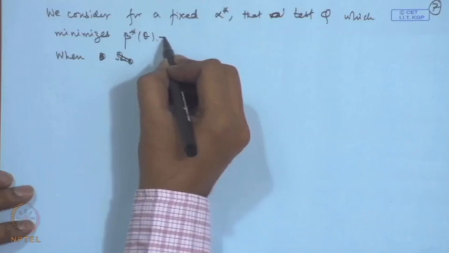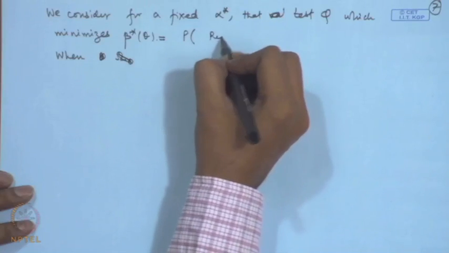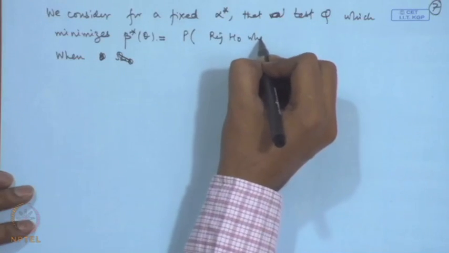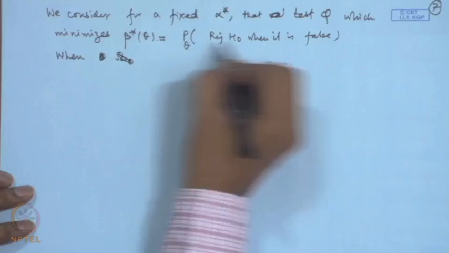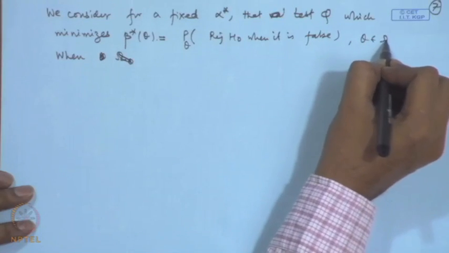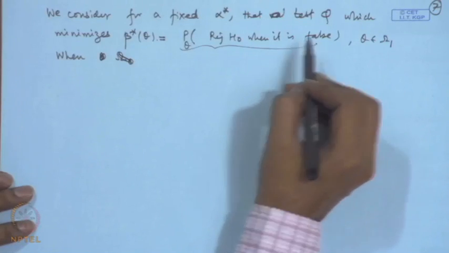See, this beta star theta is actually the probability of rejecting H naught when it is false, when theta belongs to omega 1 here. So, this is called the power of the test.